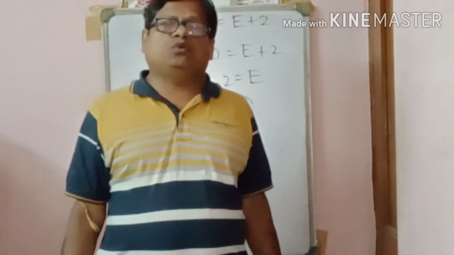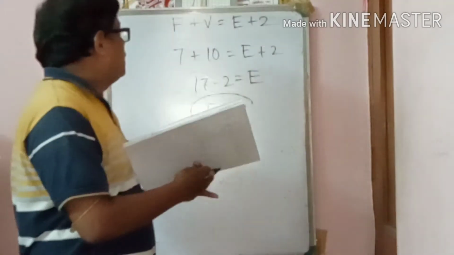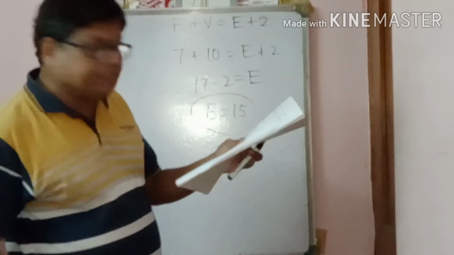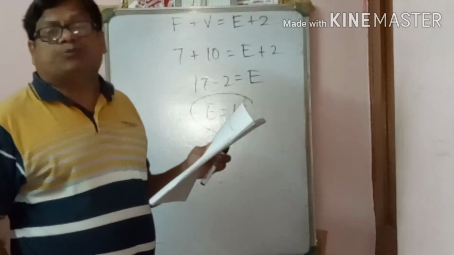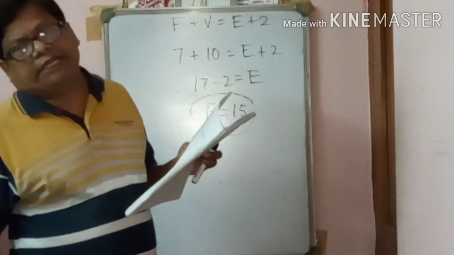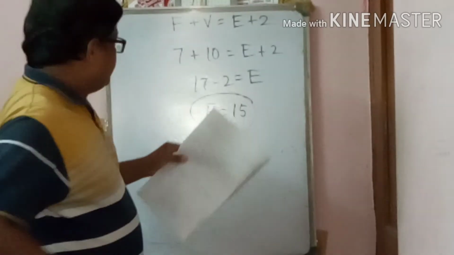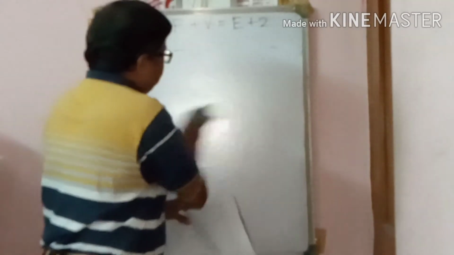So 1 is called the multiplicative identity. And you know commutative property, associative property, distributive property. I am writing one property.